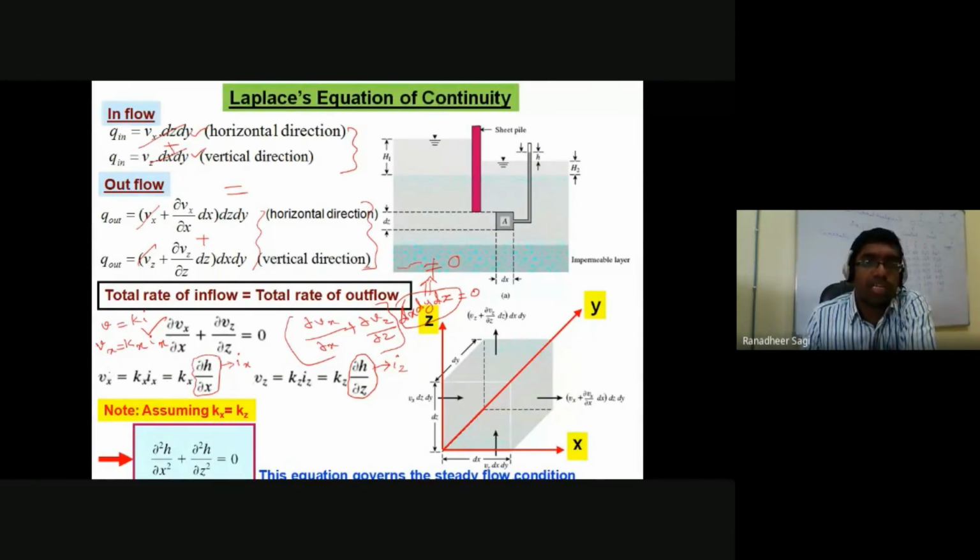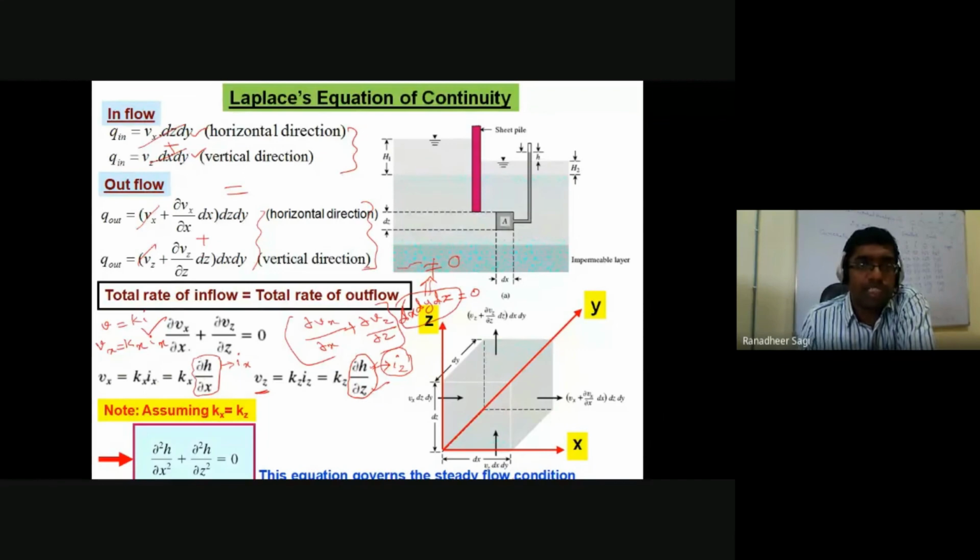So velocity in x direction is nothing but the coefficient of permeability of the soil in x direction into the corresponding ix value, where ix is dou h by dou x, the total head loss for the corresponding flow in x direction. Total head loss for the flow in z direction we consider as the hydraulic gradient corresponding to z directional flow. So velocity in z direction is nothing but kz into iz.